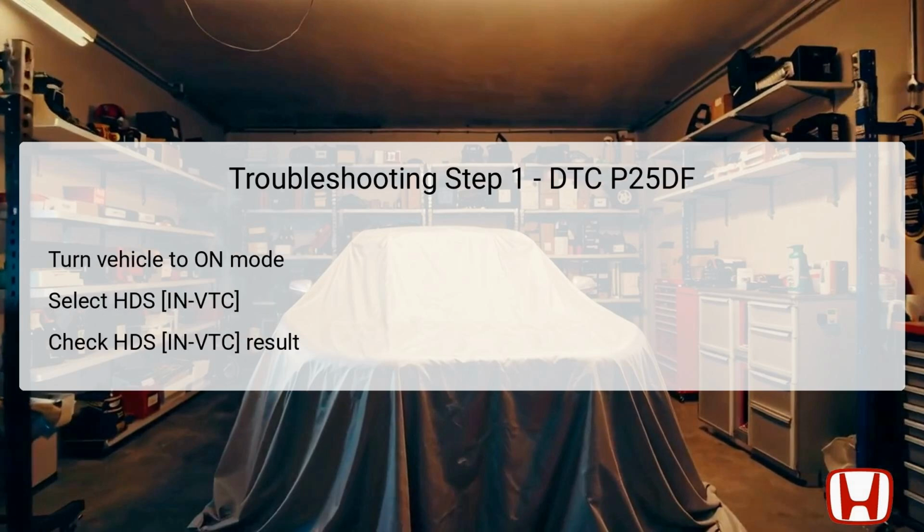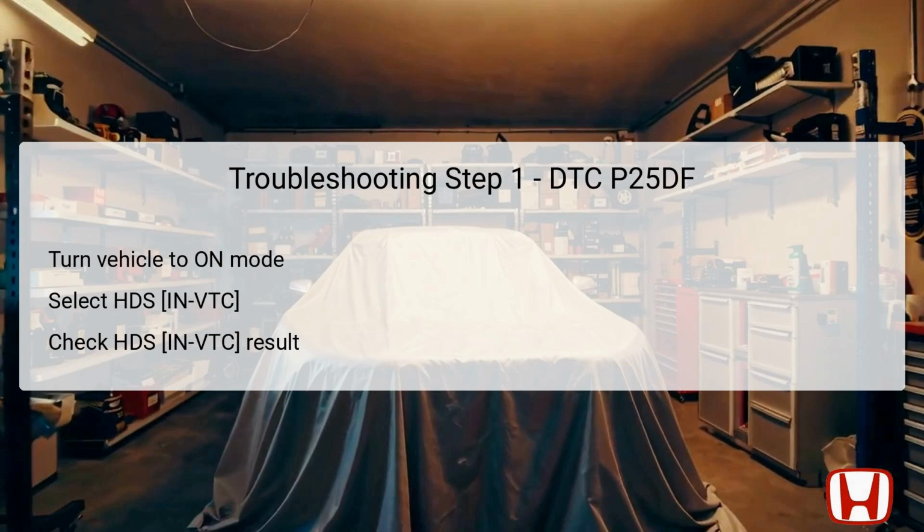The first step in troubleshooting DTC P25DF involves setting the vehicle to the on mode, where all electrical systems are operational without starting the engine. After that, the technician should select the HDS, Honda Diagnostic System, and navigate to the InVTC function. This step is crucial for checking the vehicle's VTC system status.